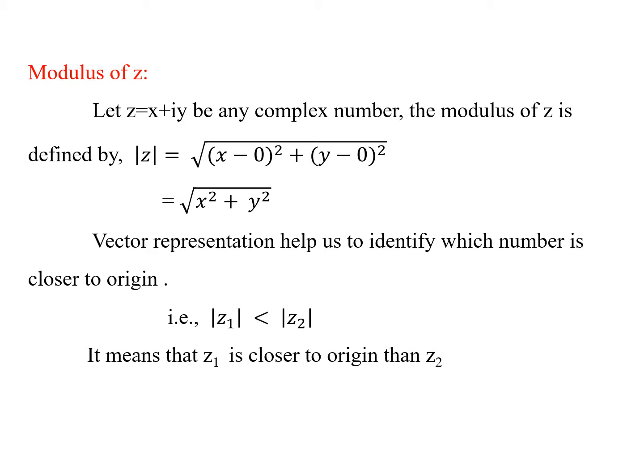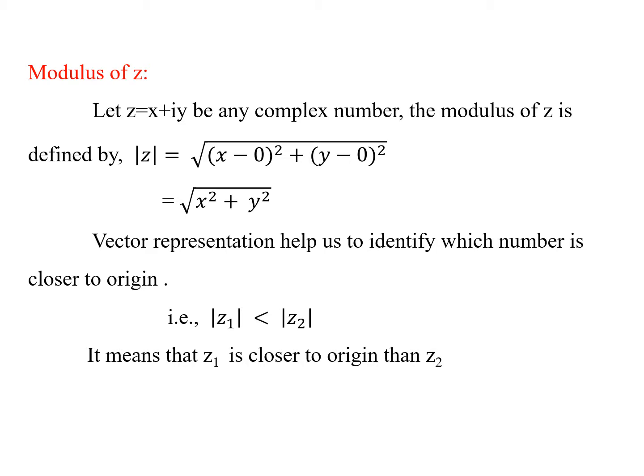It is the distance from the origin to the particular point. That is why we use the square root of (x minus 0) the whole square plus (y minus 0) the whole square, where 0 denotes the origin.